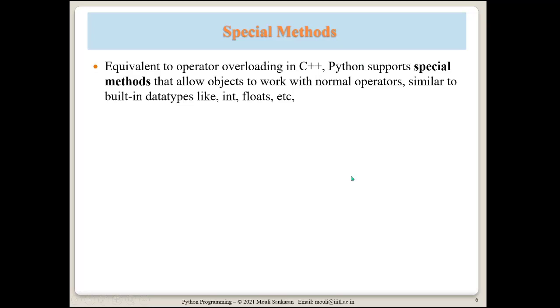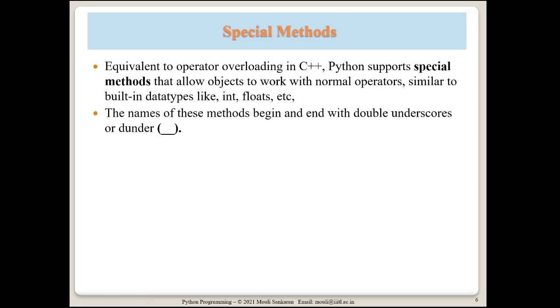I'm not saying that Python is better than C++ in this case, but it may need fewer definitions, though they do it in a different way, using a double dunder way of representing different special functions inside the class. I want to give you that introduction, and I'm not going to cover the details of every method, but at least a few of interest we will cover in this section.